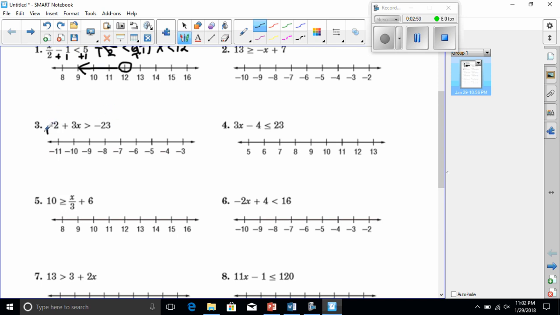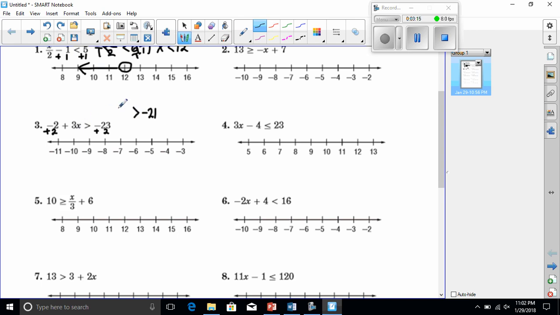And so I'm going to add 2 to this side, which will make it 2 minus 2. That'll give me 0. And of course, that means I'll have to add it to this side. And if I do that, I got negative 23 plus 2. That's going to give me negative 21. My symbol stays the same.